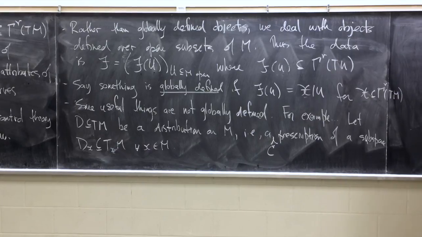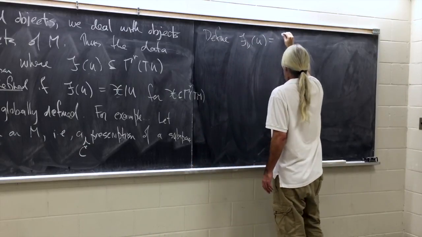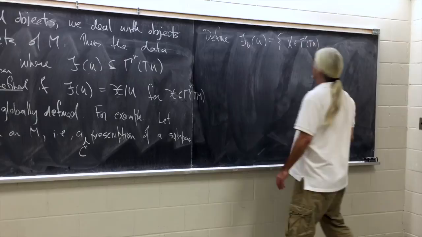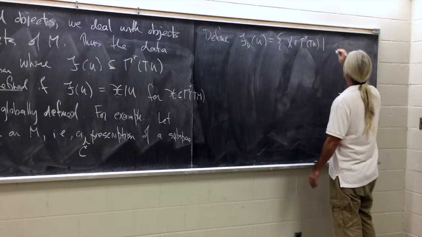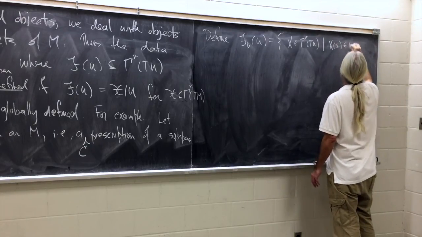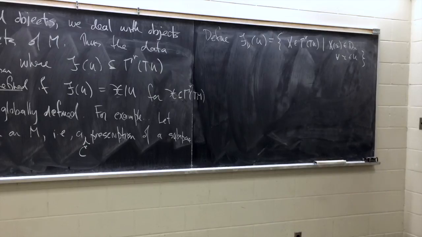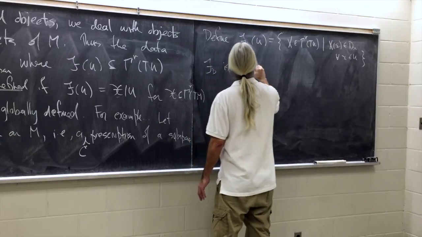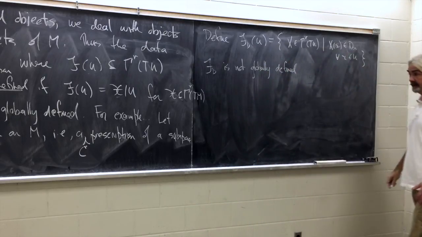Okay, so I can define F_D of U to be the C^ν vector fields X on U such that X(x) is in D_x for every x in U. So these are all the vector fields on U which take values in D. This is not a globally defined object in that sense.